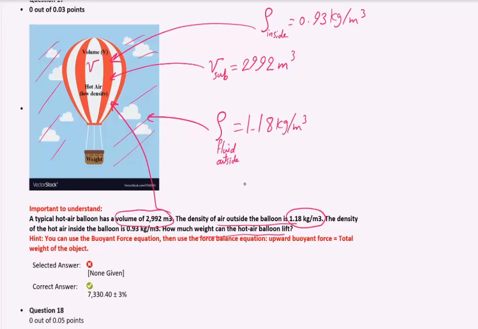Okay, so we have here the weight of this box. Let's call it load. And there is also the weight of the balloon itself. And there is the buoyant force upward.